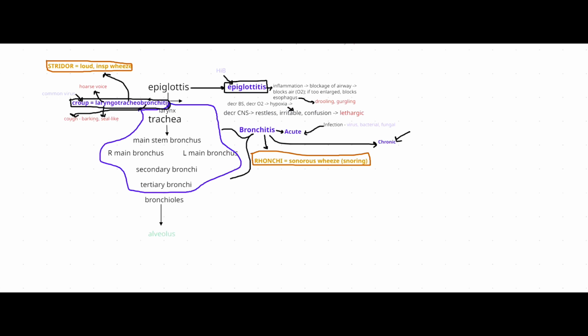We already talked about inflammation, right? So what did we say happens when there's an inflammation? There's going to be edema, there's going to be secretion, right? But one thing that the patient is not going to have, because it's not infectious, are signs of infection, and let me add that over here.